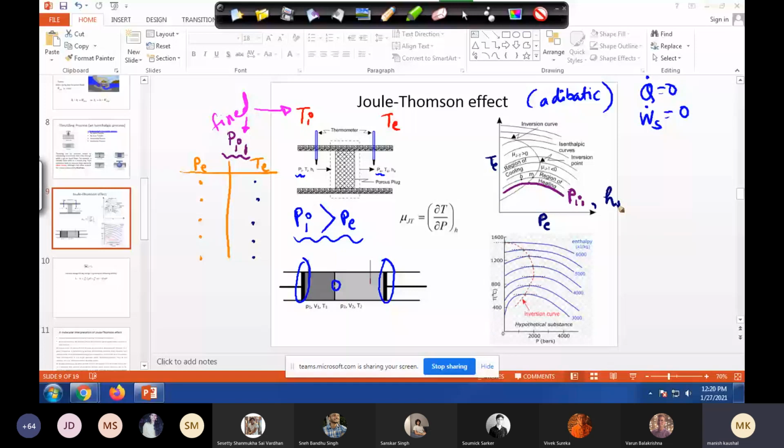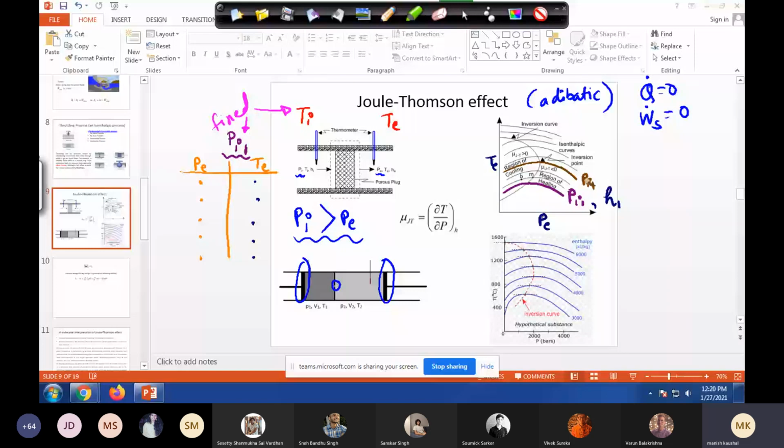Then what you do is you take another inlet pressure, let's say P_i2, so take another curve. You can say P_i1, 2, 3, 4.